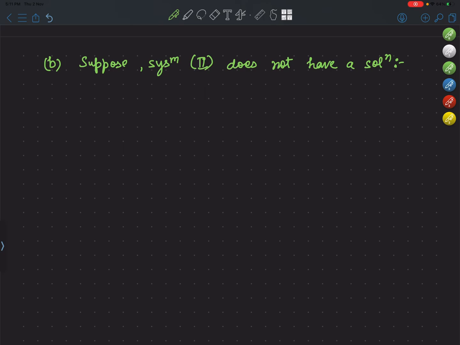Let's assume that. So what does that mean? Let S be a set of x such that x is equal to A transpose y and y is greater than or equal to 0. So let's assume that this is a set S.